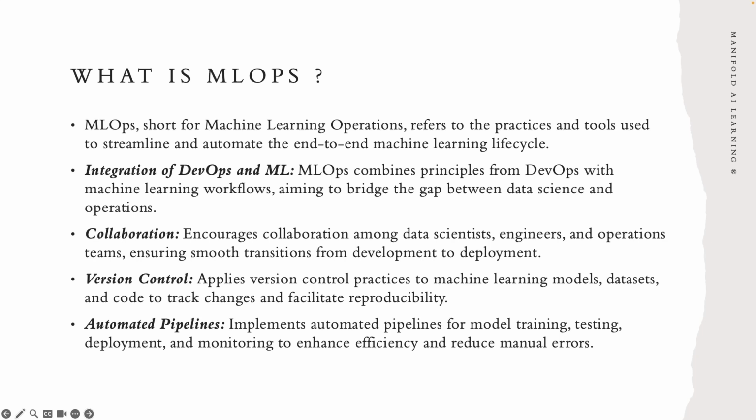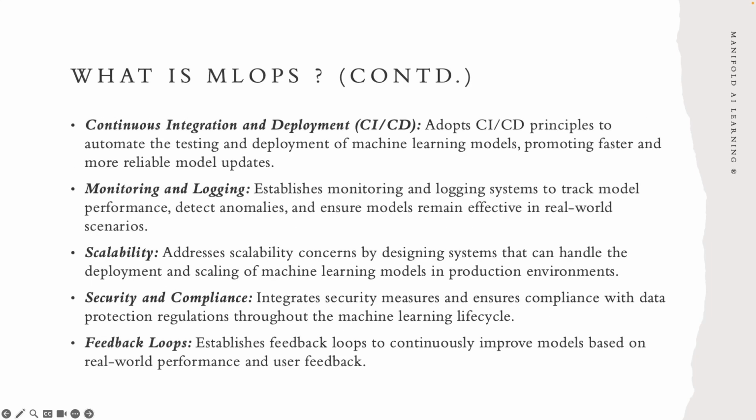MLOps also suggests implementing CI/CD, which means adopting the continuous integration and continuous deployment principles so that we can automate the testing as well as the deployment of the machine learning models. This in turn promotes faster and more reliable model updates.